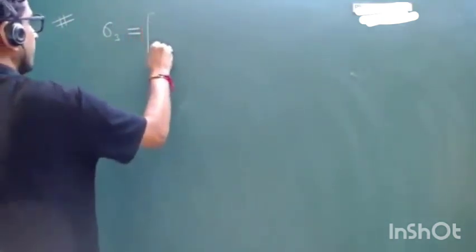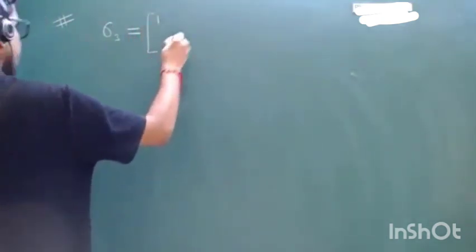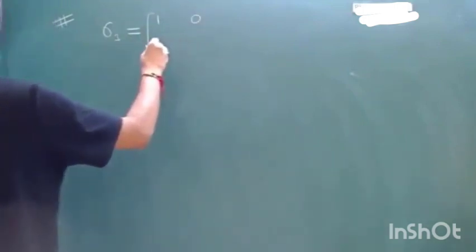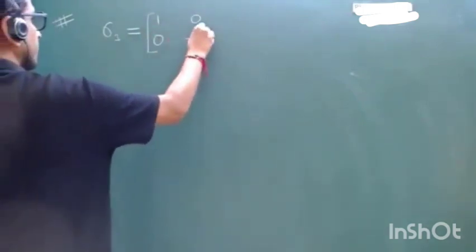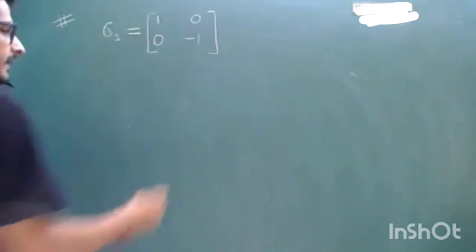So I will take a matrix, suppose a sigma 3 matrix, which is equal to 1, 0 and 0 minus 1. Okay, suppose this is the matrix 1 0 and 0 minus 1.